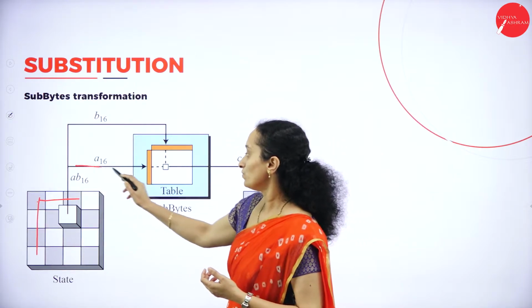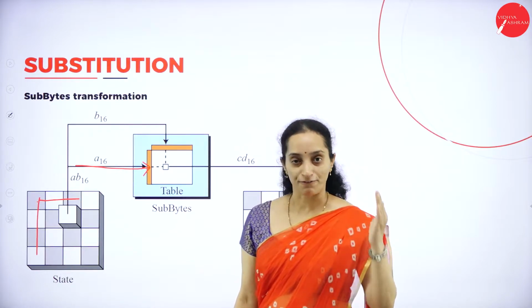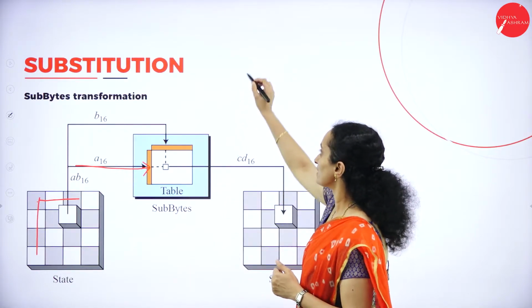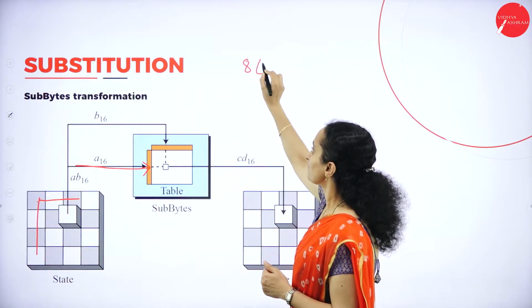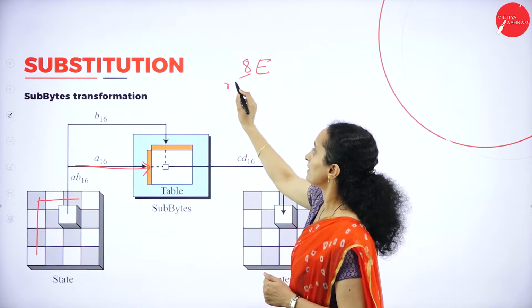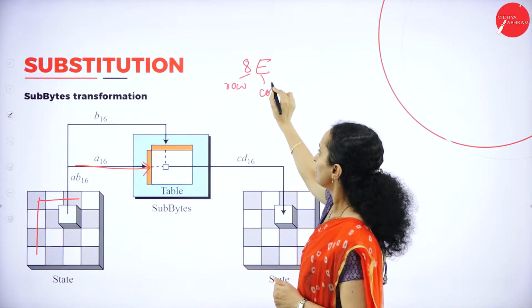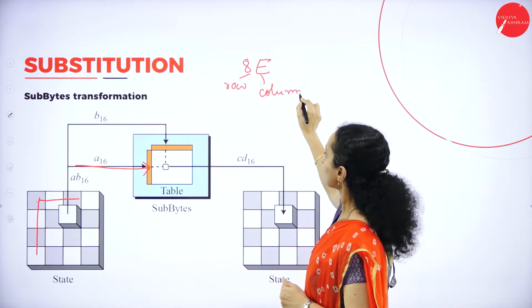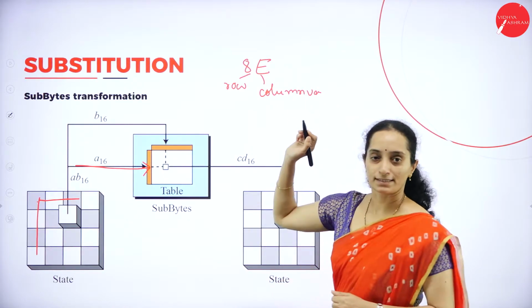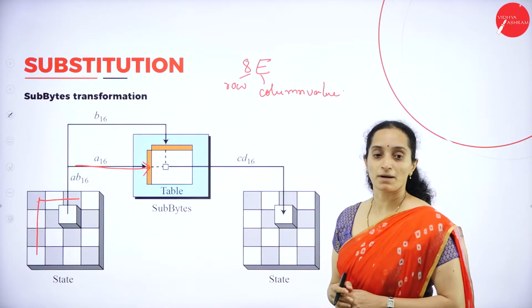Like we use the corresponding row of the first digit. So a hexadecimal value, like if we have 8E, this 8 will be considered as the row and E represents the column value in the matrix.